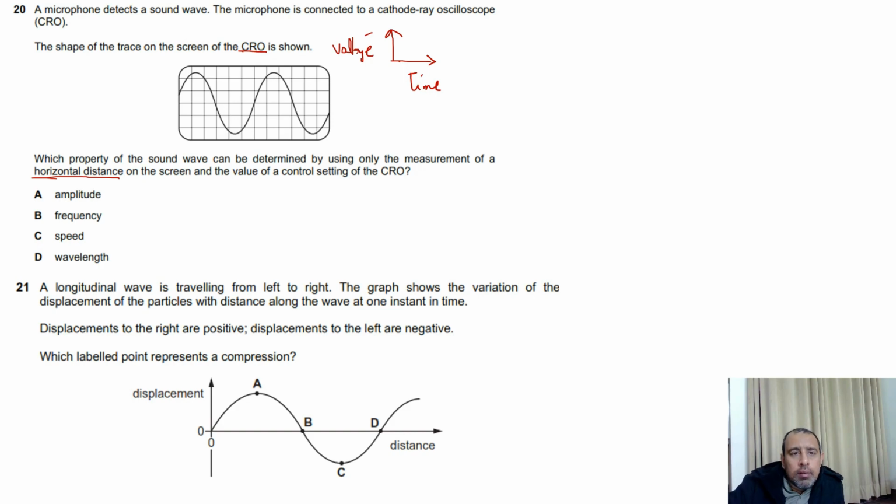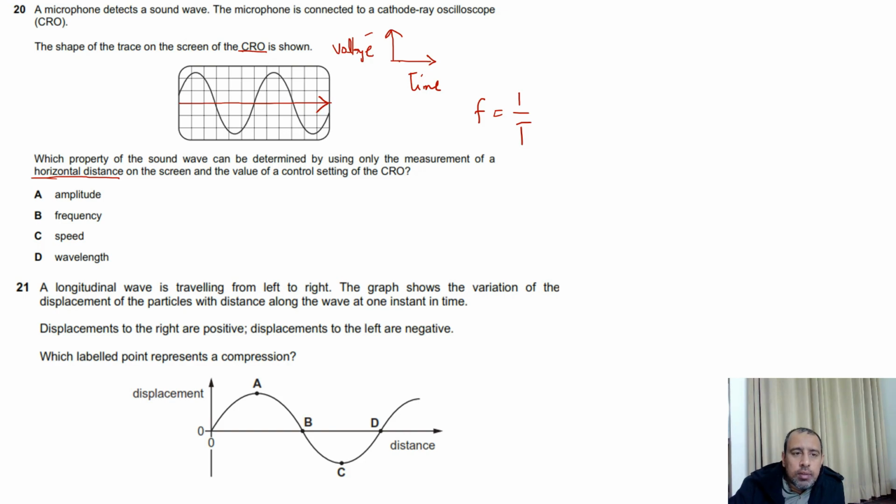The horizontal distance we will calibrate to get the time, and you can find the time period. If you can get the time period, you can find the frequency, because f is equal to 1 by T. That's why we can have the frequency while getting the time along the x-axis.